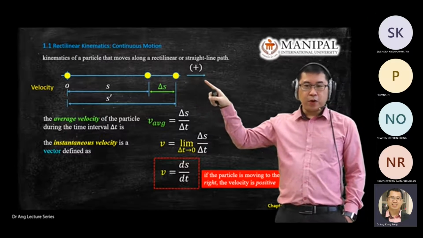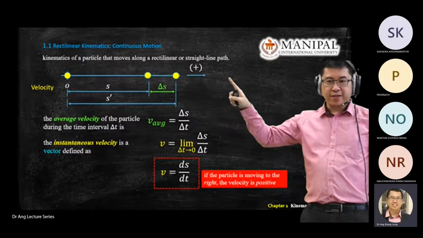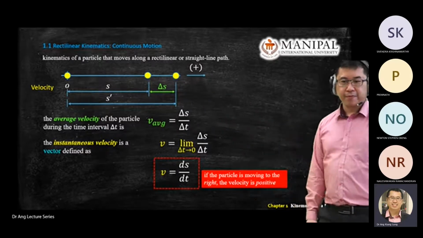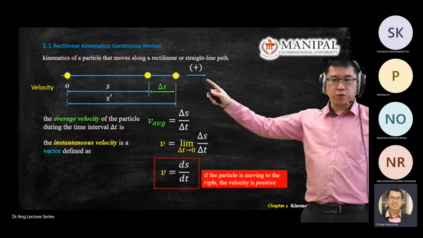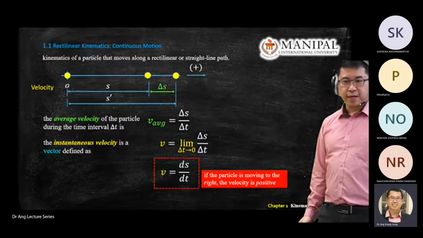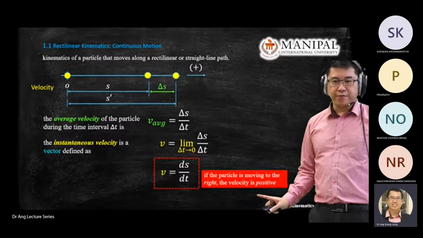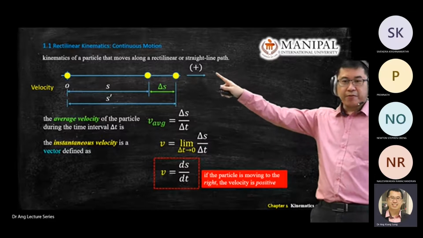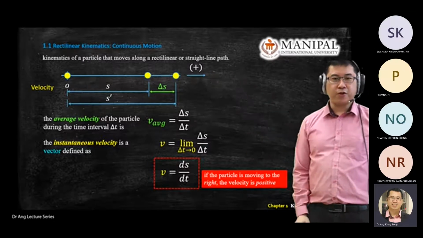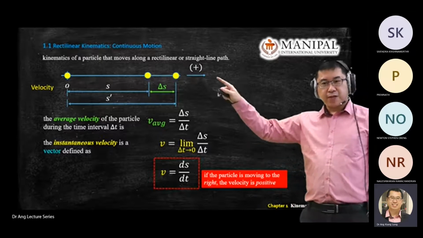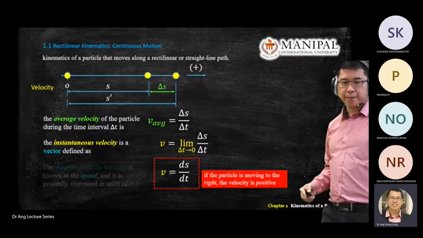So we will always define direction to the right as positive. I'll explain this one later on when we go into the tutorial question. Okay. All right. So always have this as your reference. You always need a reference point or reference direction so that when you solve your question and get your answer, you know what it means if you get negative, and what it means when you get positive. Okay? All right.